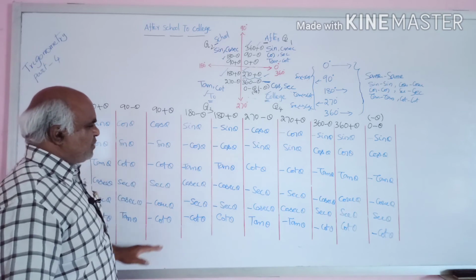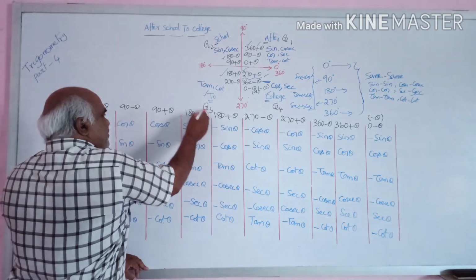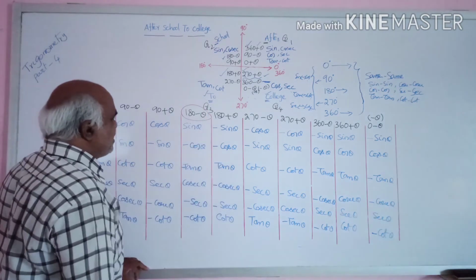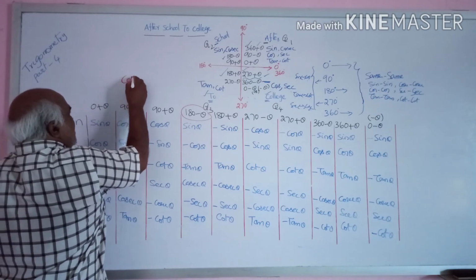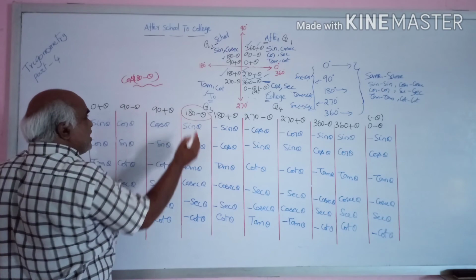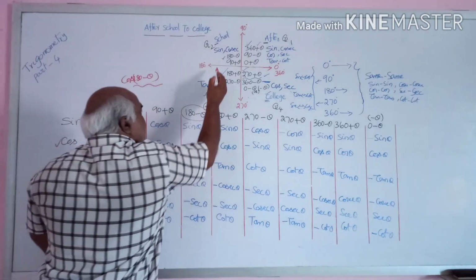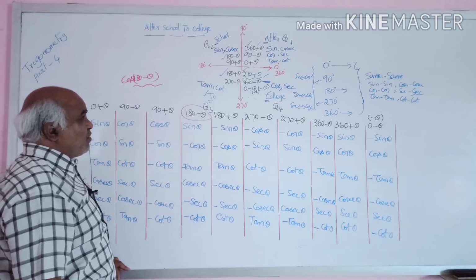How to write these formulas? You can check 180 minus theta. First I will give you one example. Cos of 180 minus theta. 180 minus theta is in the second quadrant.